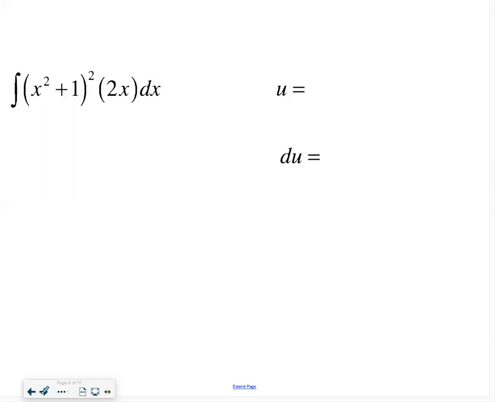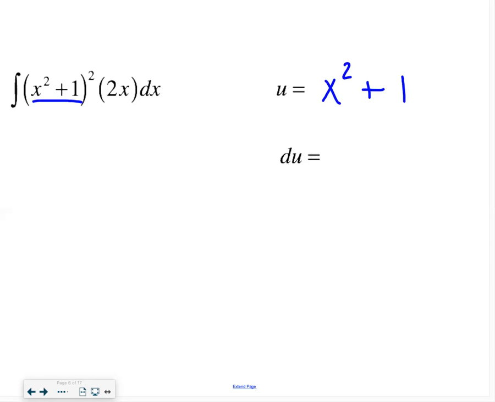You have to make sure that every part of the problem is accounted for. So I'm going to take what's inside the parentheses, or inside the highest power, and I'm going to call that my u, and underline that in blue. So let's call u x squared plus 1.